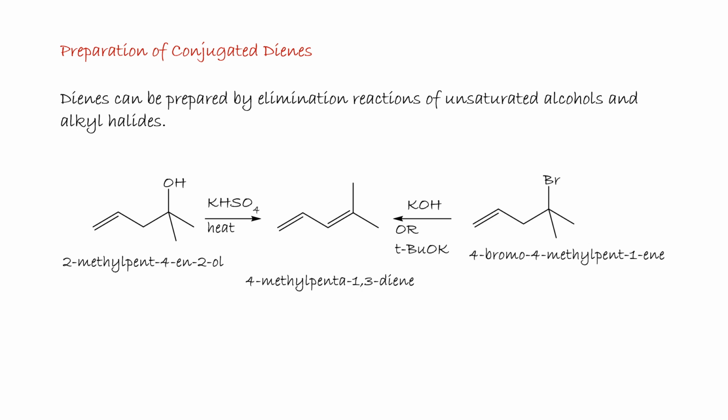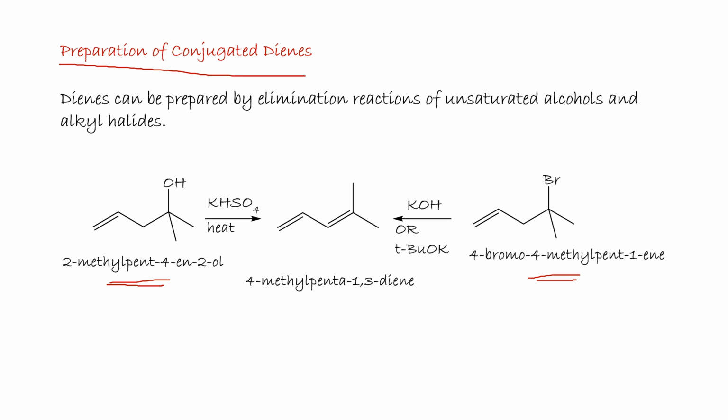How can we prepare this conjugated diene? It's exactly the same methods we used for the preparation of alkenes: either dehydration of alcohol or dehydrohalogenation of alkyl halide.